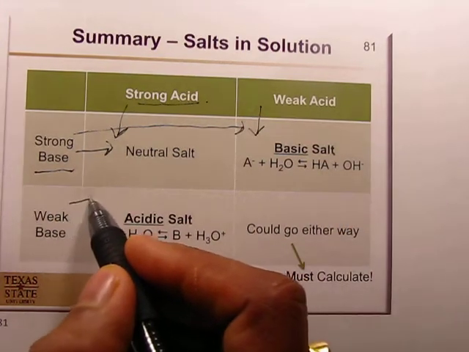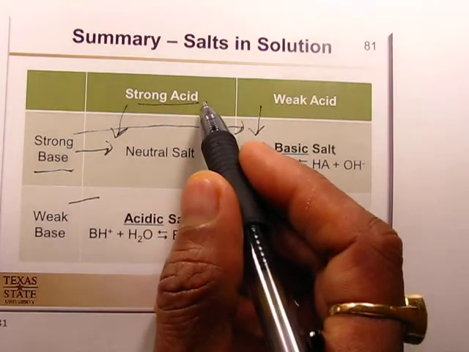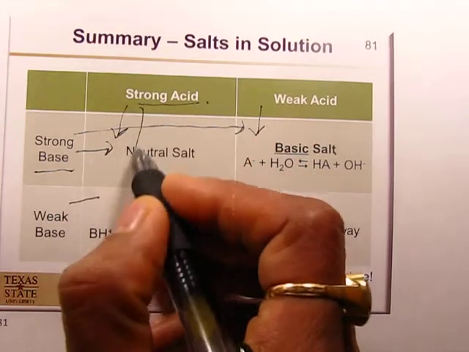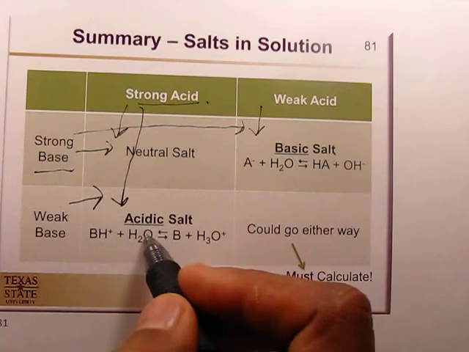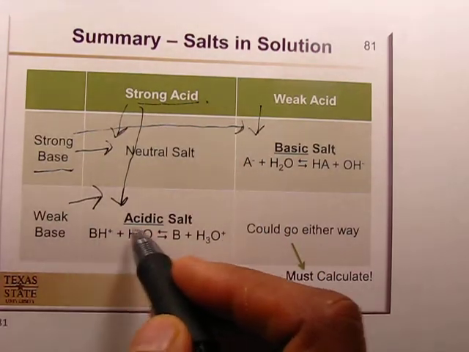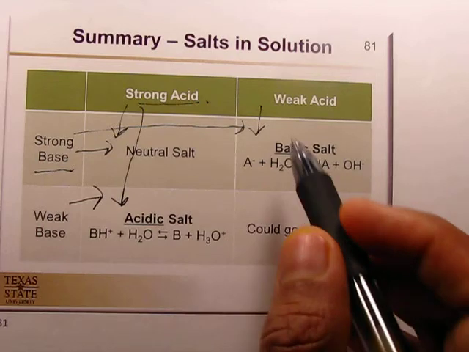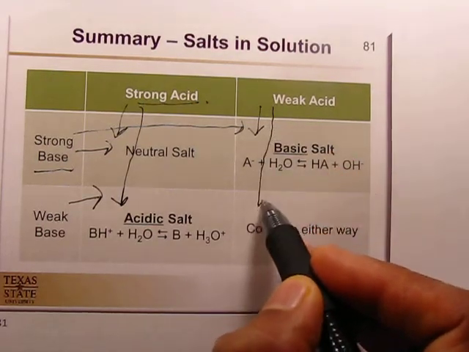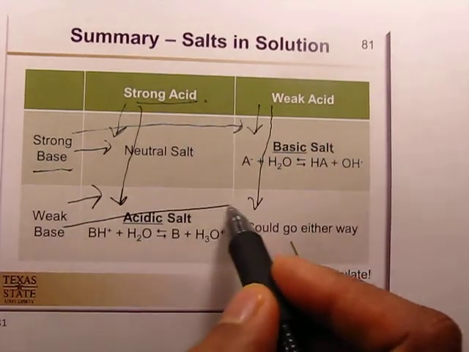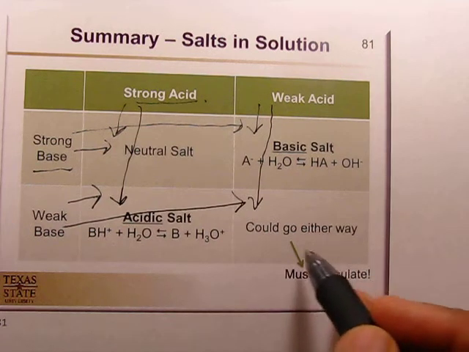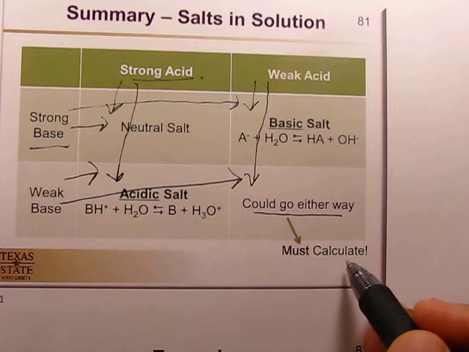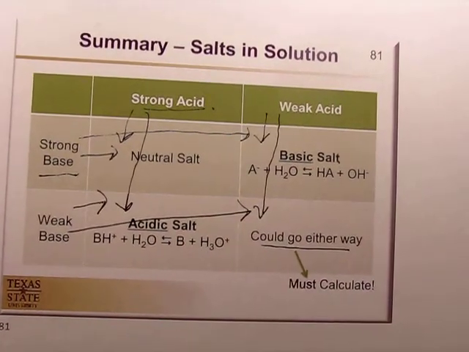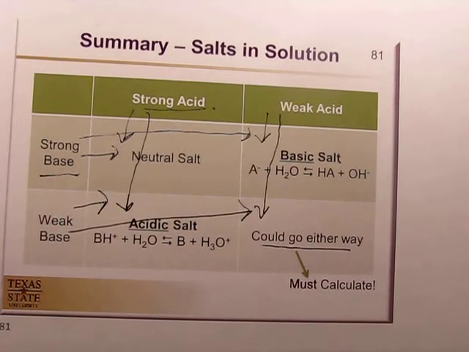If a salt is made from a strong acid and a weak base, it will form an acidic salt. If a weak acid and a weak base are involved in making the salt, then we must calculate. We'll see one example in the next video to understand this.